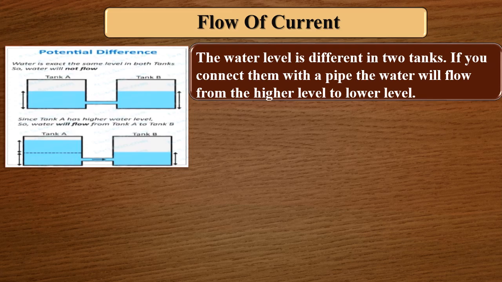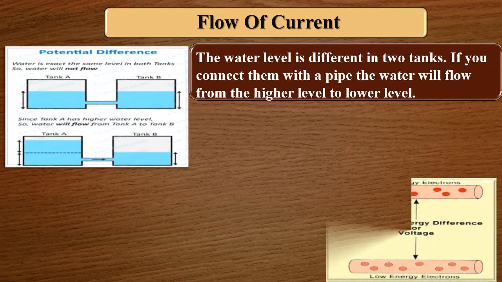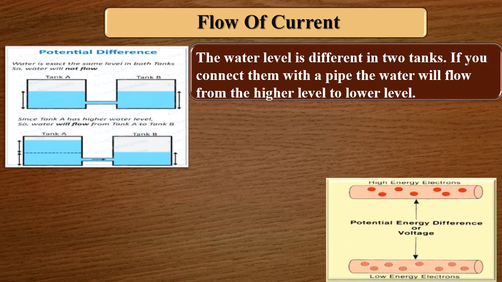Like this, if you see the two sides of a battery, you will find that one side contains higher potential energy and the other side contains lower potential energy.